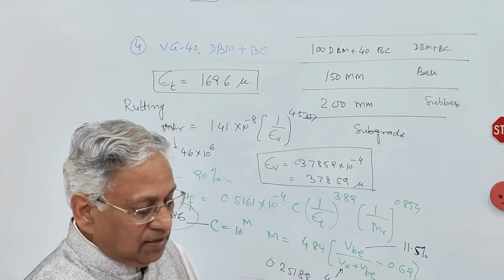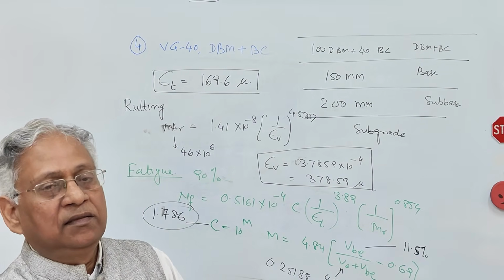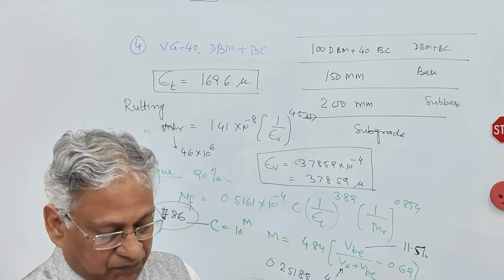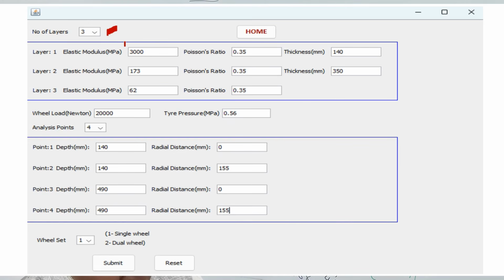You have now 3 layers: subgrade, base and subbase combined together, and bituminous layer. So the number of layers will be 3. Then for layer 1, elastic modulus starting from top 3000, Poisson ratio is 0.35 and thickness is 140.